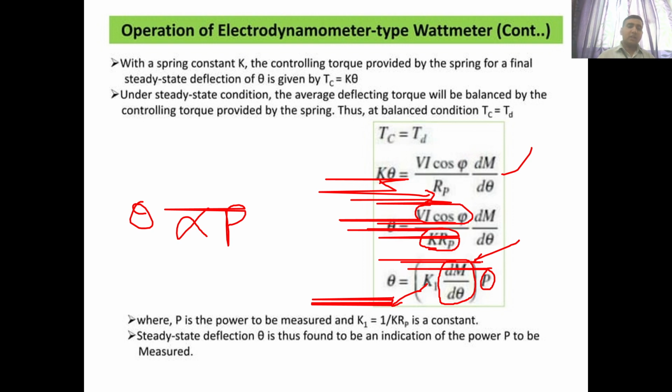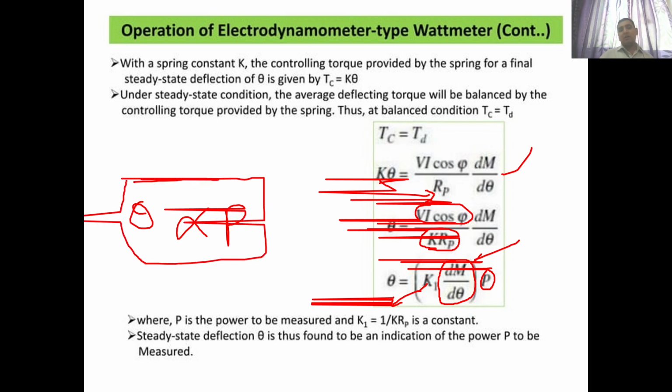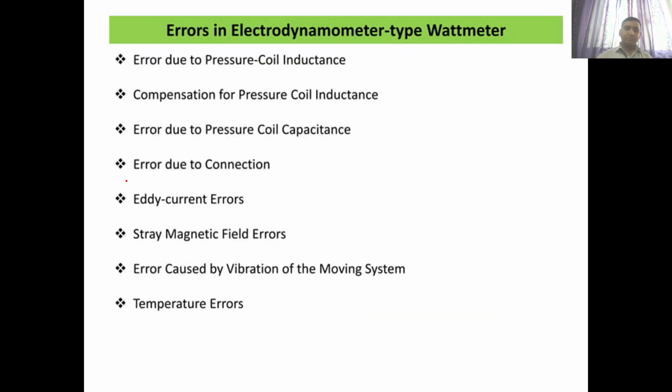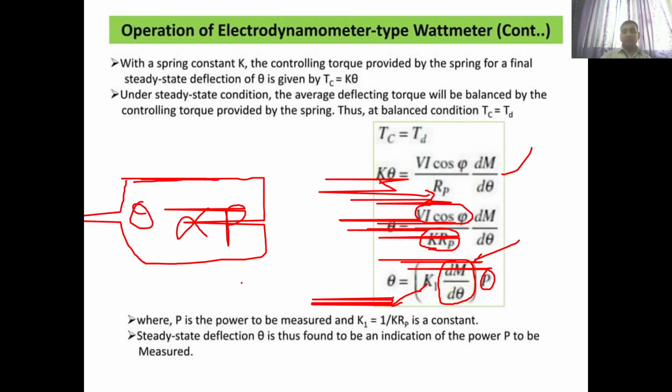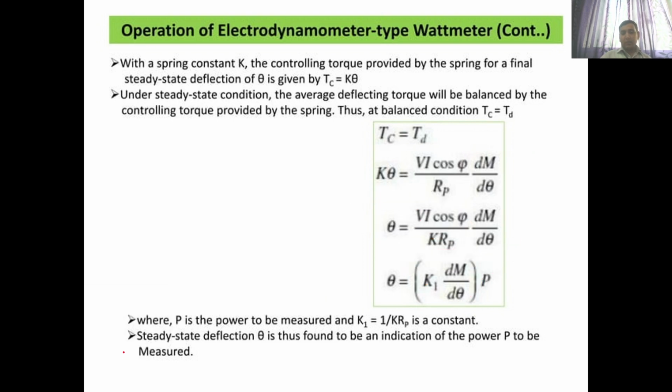In that case, the deflection in an electrodynamometer type instrument will be directly proportional to the power, or true power.